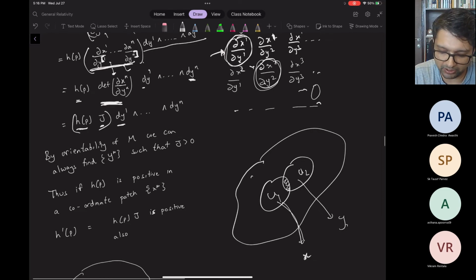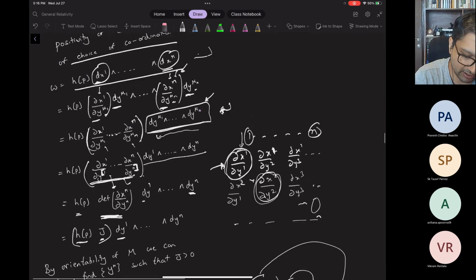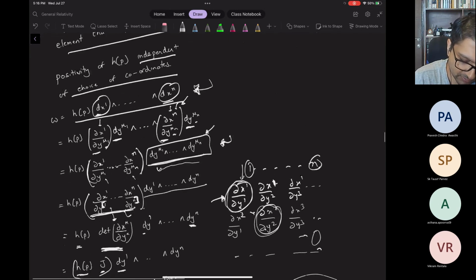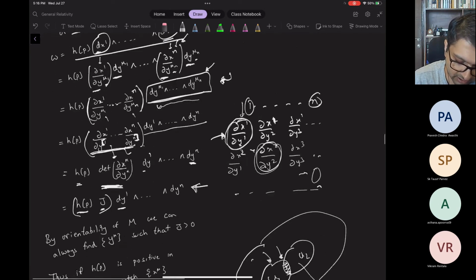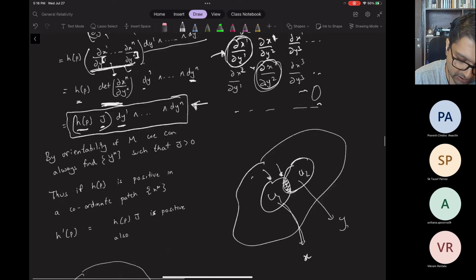Now in the overlap region, if I had a form which I had written like this in the u1 coordinate system, then the same form can be re-expressed in this way, using the coordinates of u2. It can be expressed as h of p times J dy1 wedge dot dot dot wedge dyn.